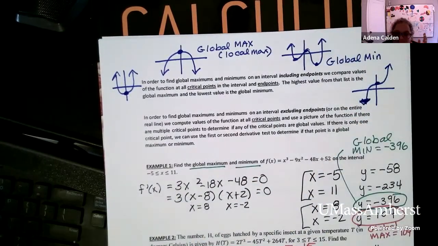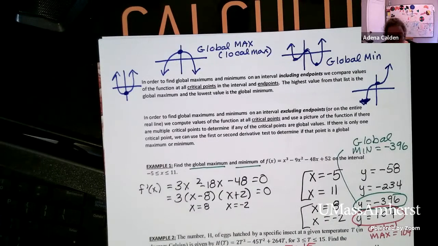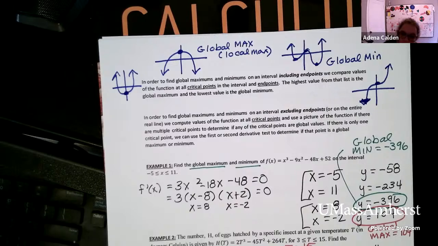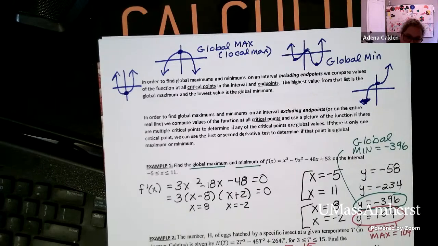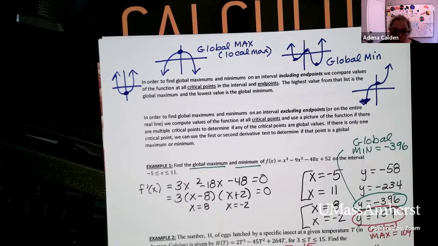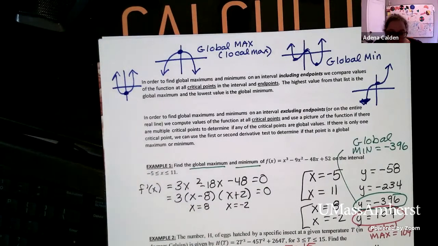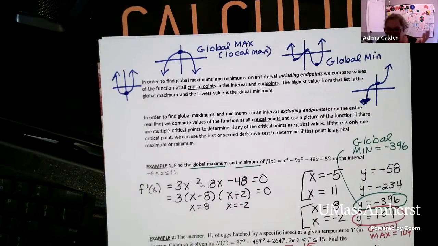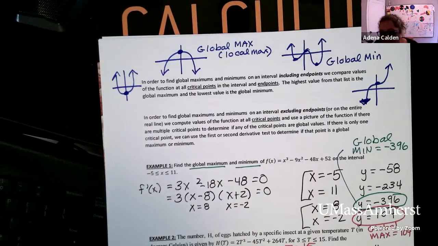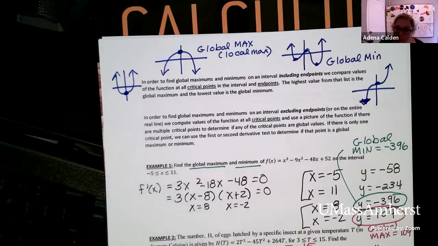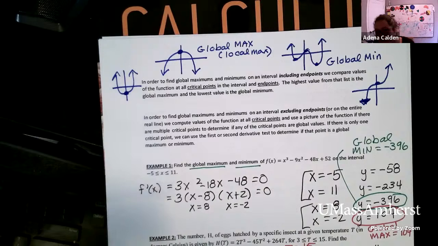So if there's only one critical point, you can use all of the tests that we used before for local max and mins to figure out whether it's a local max or min, and it will also be the global max or min. Okay. The other and easier way I think to do this is to graph the original function, right? If there's one critical point and you graph it, you can see pretty clearly if it's a global max, global min. But in the case of one critical point, if it is a global max or a global min, it will also be a local max or a local min.